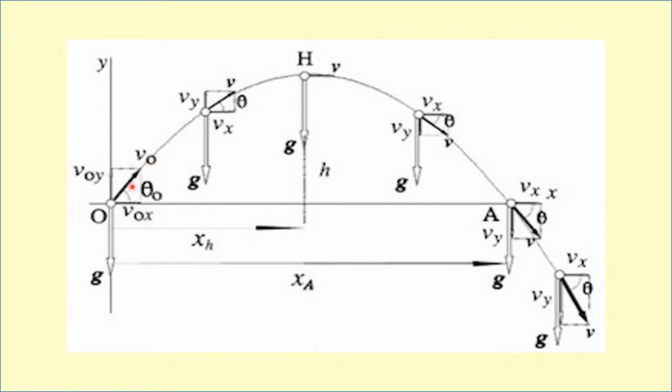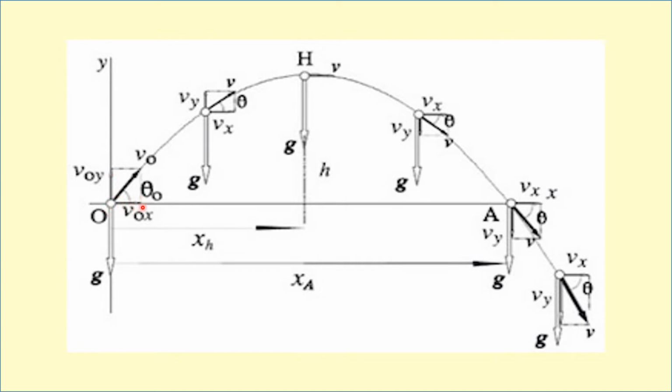Now, as a velocity initial, it also has an angle theta, the initial angle theta, with respect to the x-axis or the horizontal. Also, you have here the x and the y components of the initial velocity.